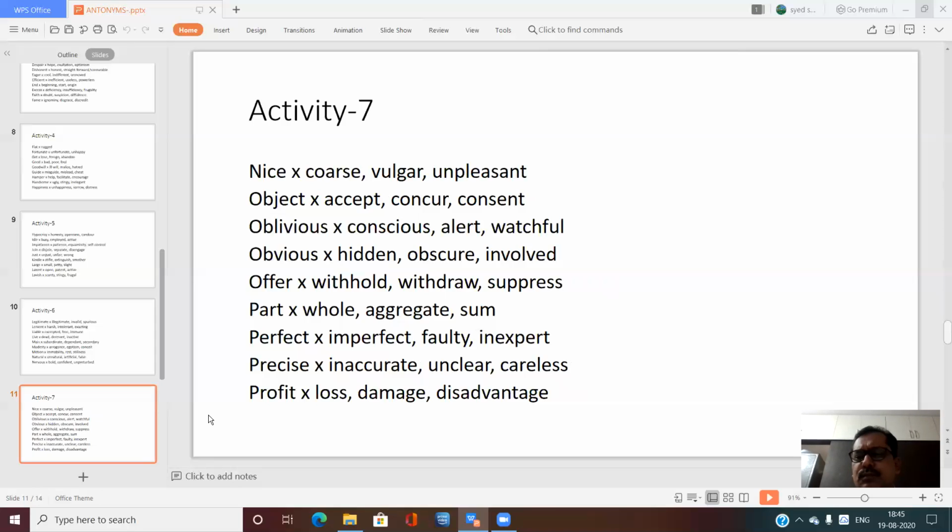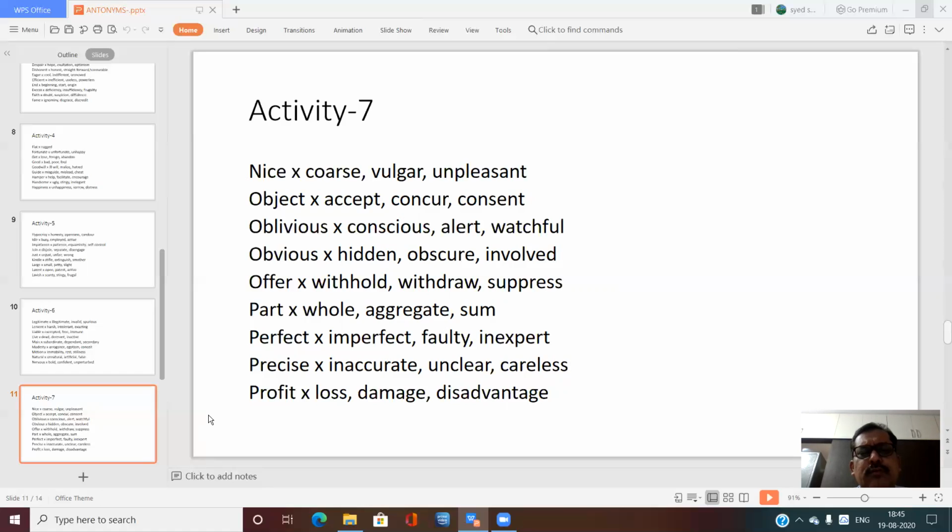Object. Opposite word: conquer means complementary. One fits into the other. Consent, that is acceptance. Oblivious means forgetful, lost.